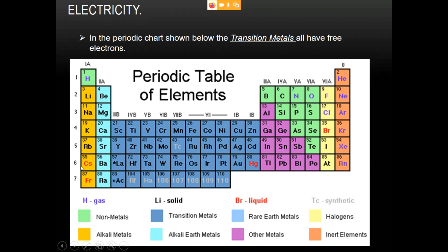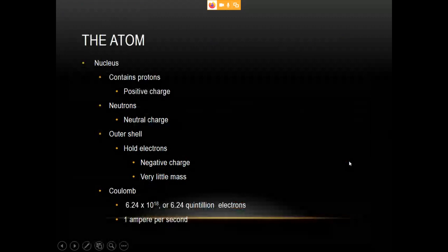Okay, so this lays it out. We have very reactive metals on the left, semiconductors kind of in the center, and then what they refer to a lot of times as the noble gases on the far right.